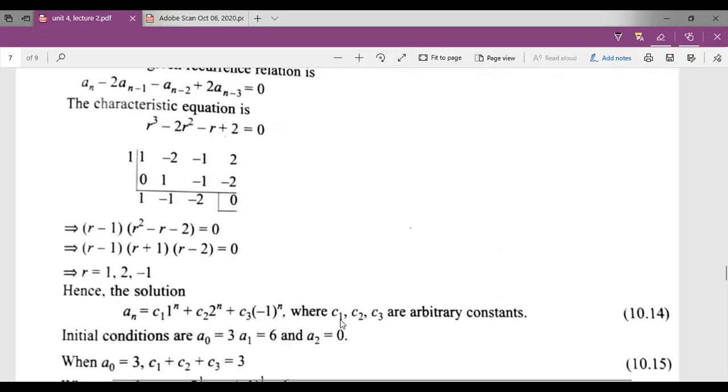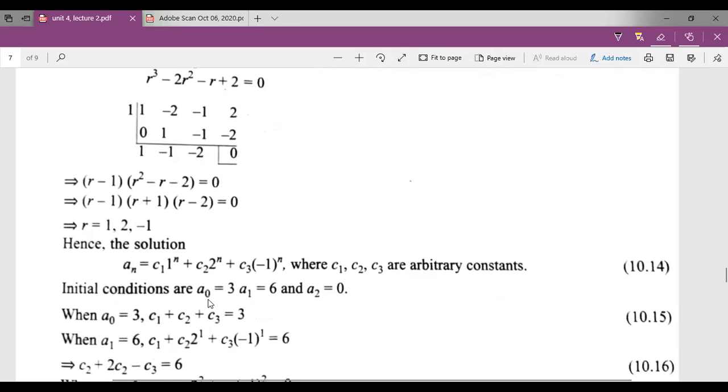So we have to find these arbitrary constants using the given initial conditions. The initial conditions are a_0 = 3, a_1 = 6 and a_2 = 0. When a_0 = 3, we put n = 0 in equation 1.